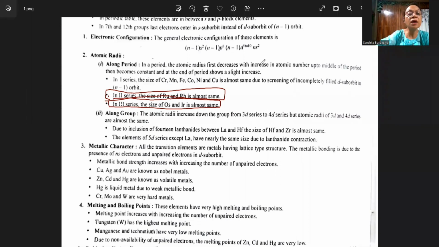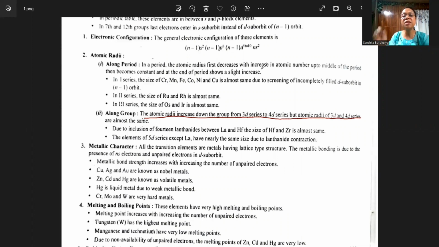Next, along the group, the atomic radii increase due to the increase in the number of shells. The atomic radii will increase from the 3D series to the 4D series, but the radii of the 4D and 5D series are almost the same.